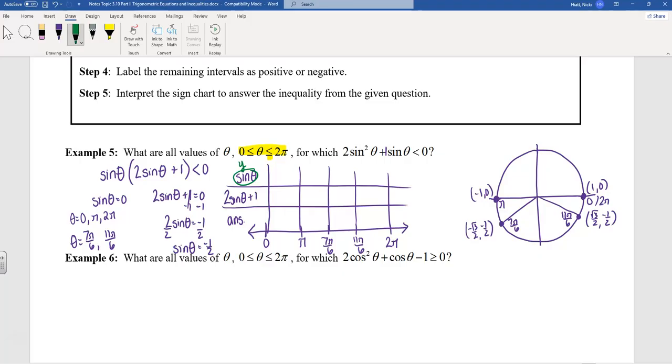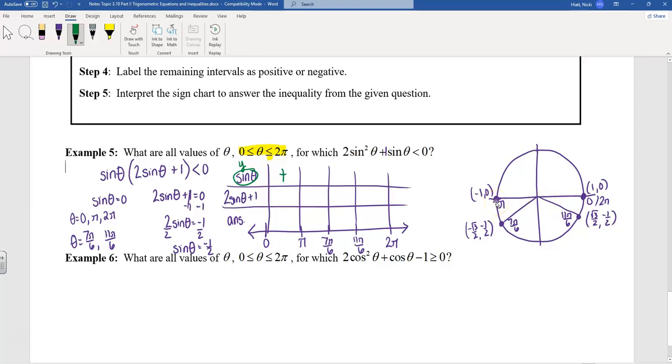So if I start at 0 and I look between 0 and pi, are the y coordinates positive or negative? They're positive. They're above the x-axis. If you're looking at the fully filled in unit circle, all your y coordinates are positive from 0 to pi.